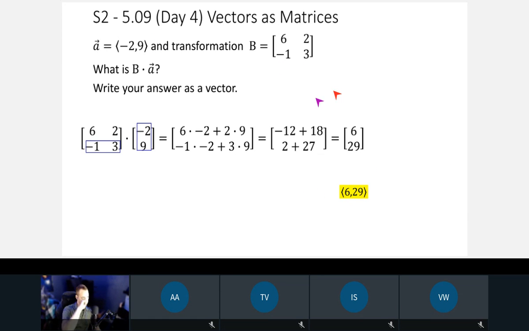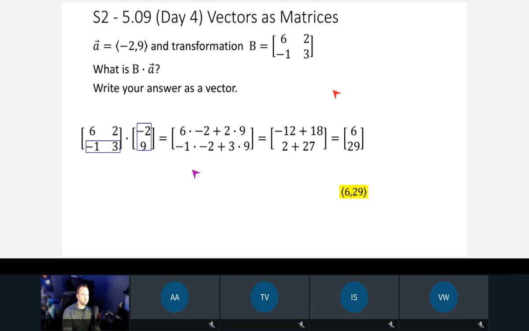Because I did the work right. If you multiply the transformation matrix by 2, 1, then the work is all right. But for this problem, you got to make sure that you have your matrix first and then your vector. It has to be in this order, just like on your last test.